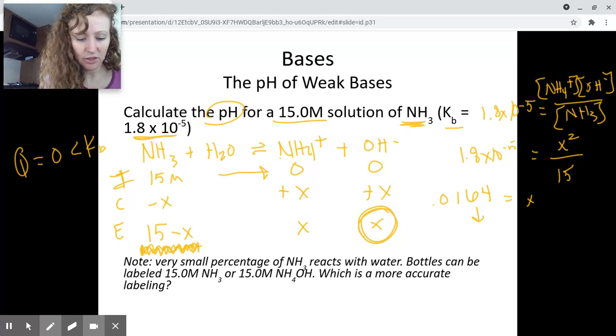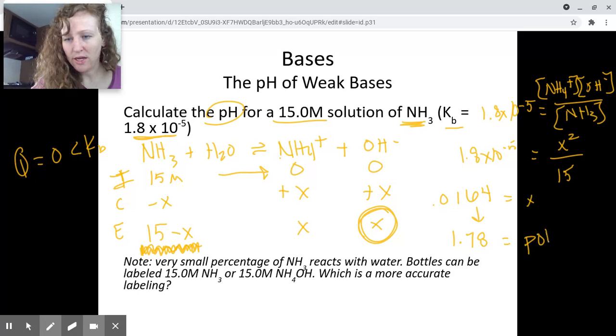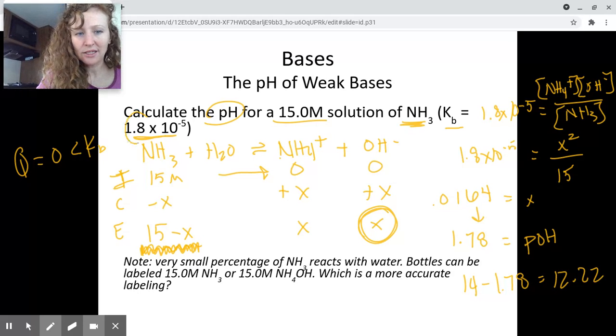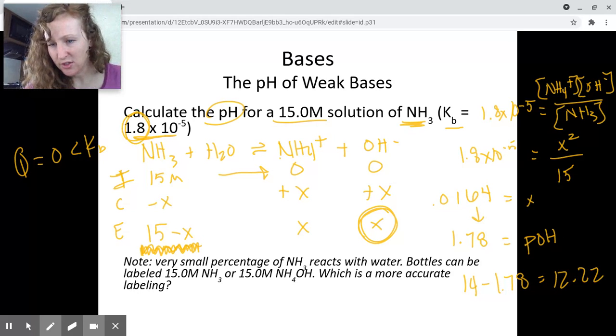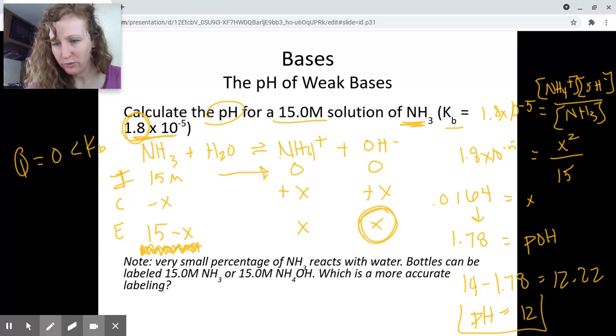If I plug that into negative log, I get 1.78. All right, and that's my pOH, but I want the pH. So I'm going to take 14 minus 1.78, which is going to equal 12.22. I technically can only keep 2 sig figs here, so my pH would be 12, or 12.2 if you're keeping 3 significant figures.